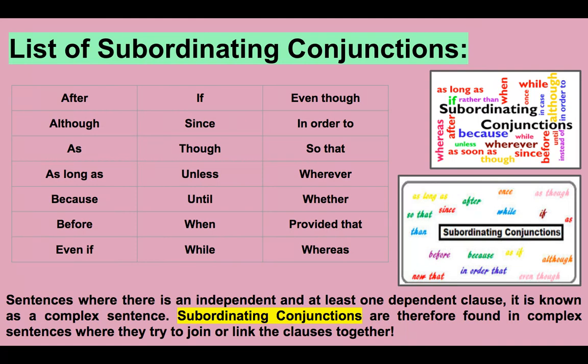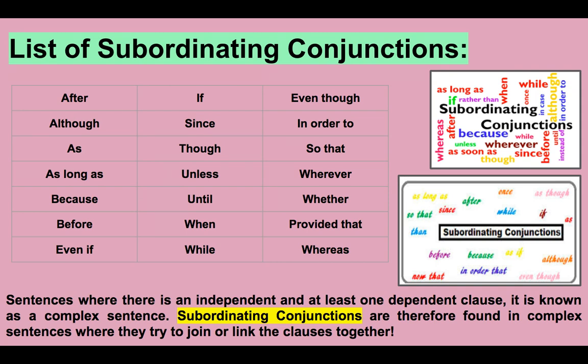After, although, as long as, because, before, even if, since, though, unless, until, when, while, even though, in order to, so that, wherever, whether, provided that, whereas. I would share one interesting thing with you.